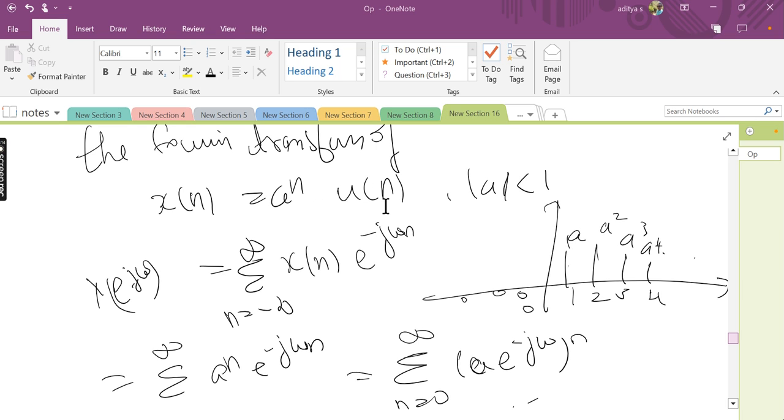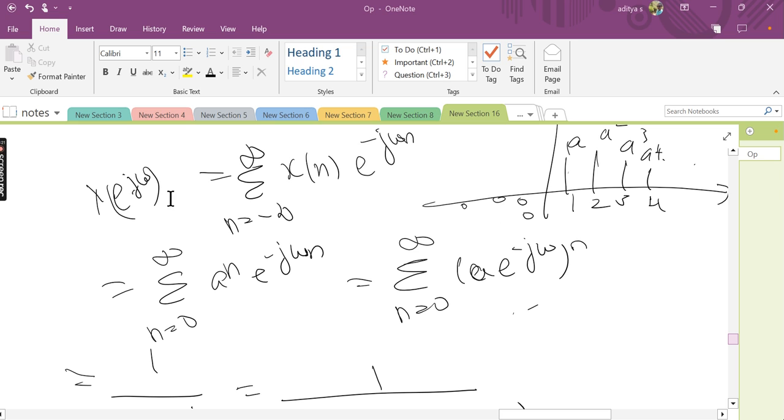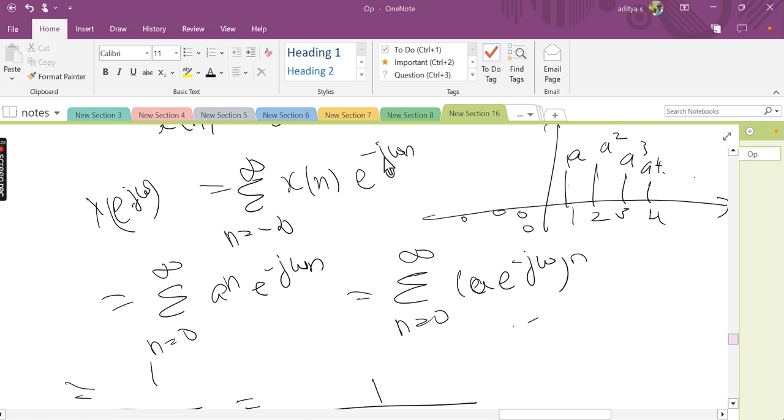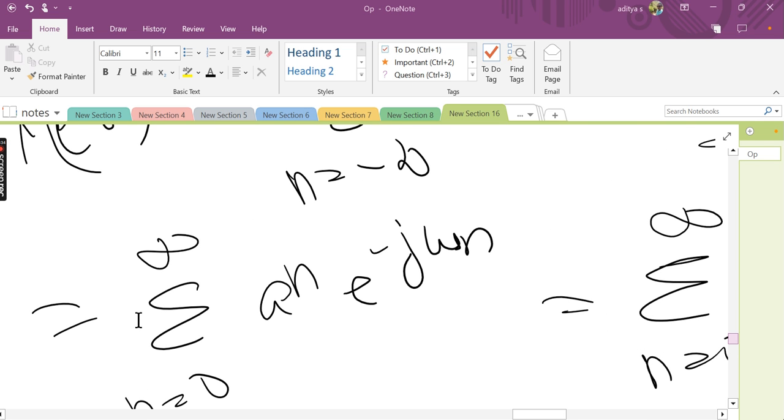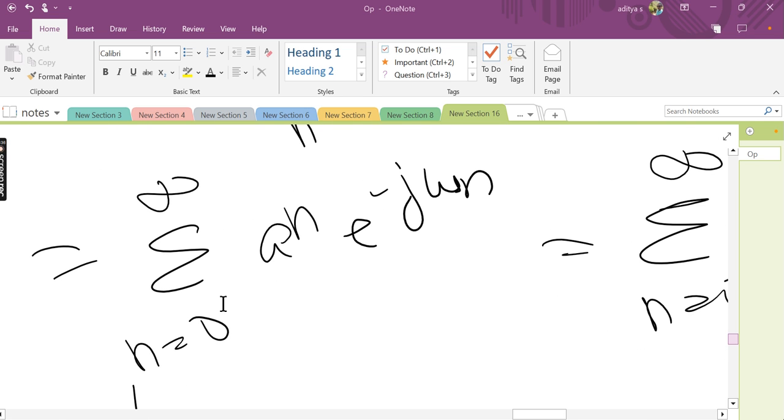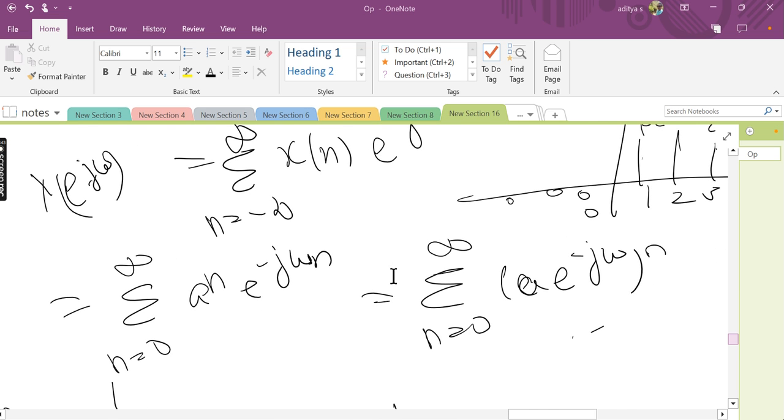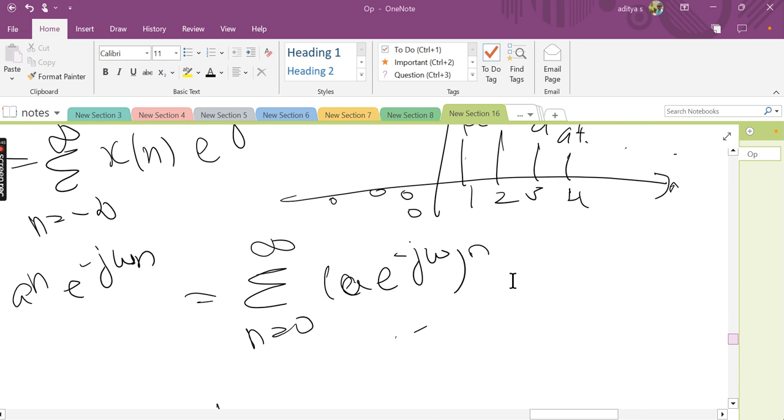Take x of n equal to a raised to n u of n, where mod a is less than 1. X of e raised to j omega is the summation from n equal to minus infinity to infinity of x of n e raised to minus j omega n, which is the sum from 0 to infinity of a raised to n e raised to minus j omega n.